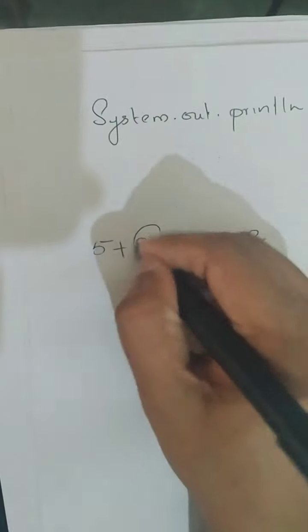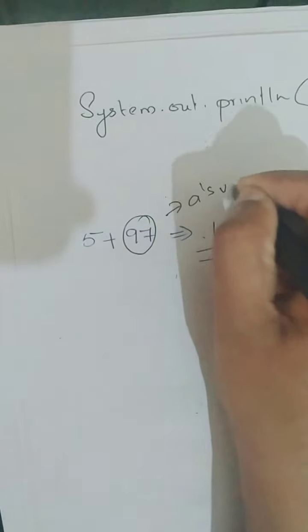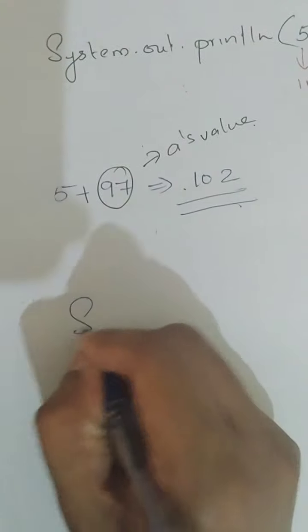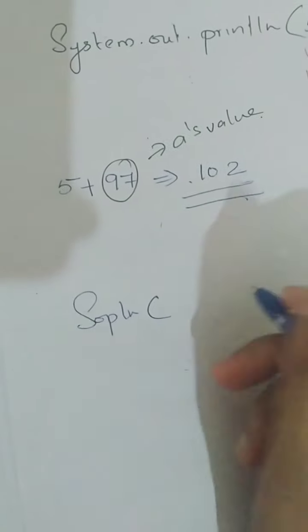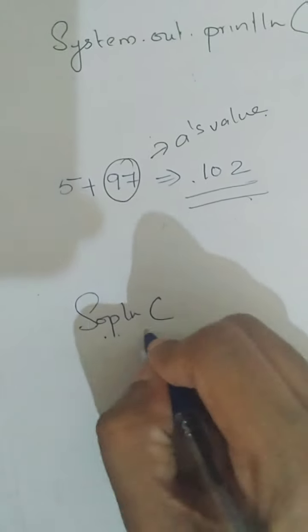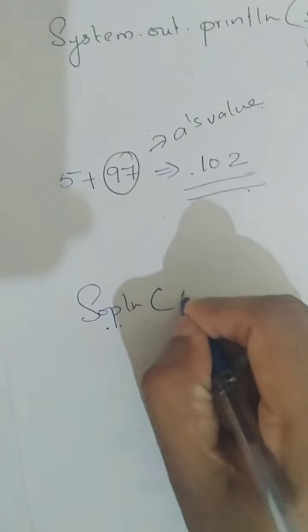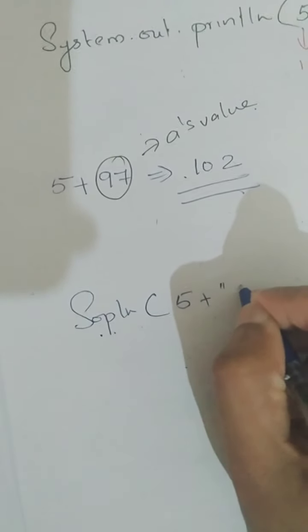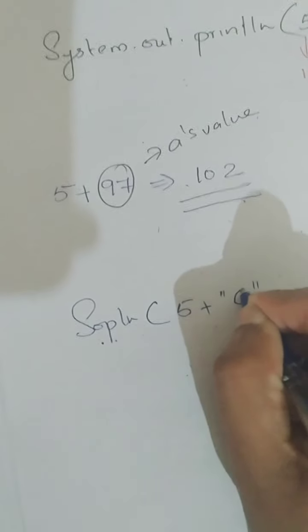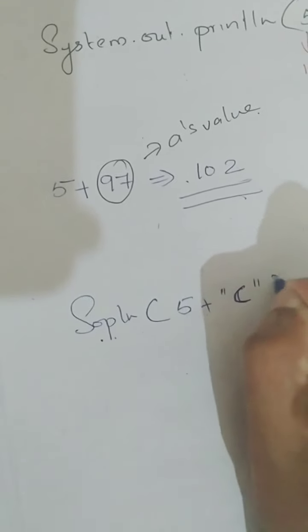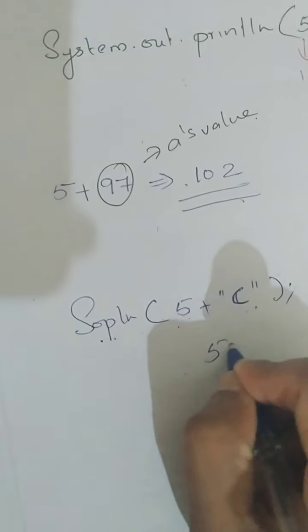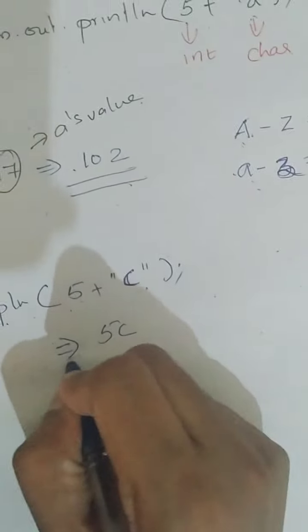Okay, this is a's value. Now suppose I write SOPLN for System.out.println. You should not write this, it is just for speed. I am writing 5 plus capital C, with C in double quotes. This is a string, so 5 plus string gives 5C.